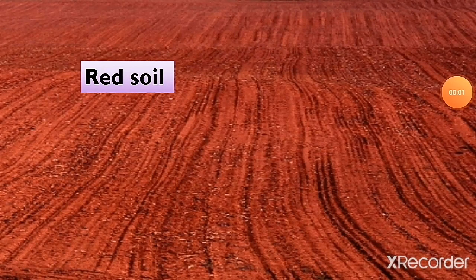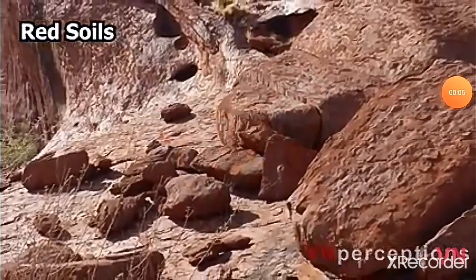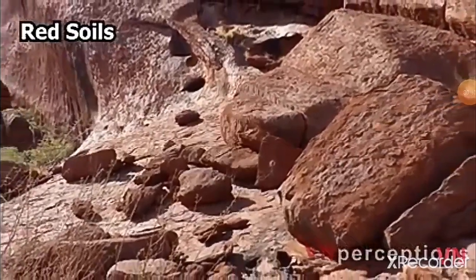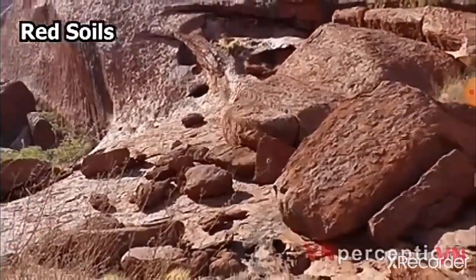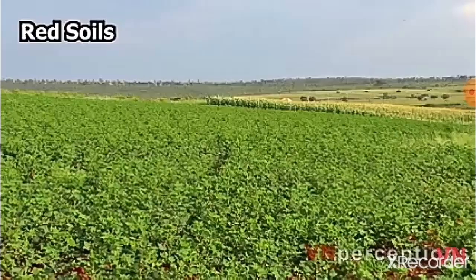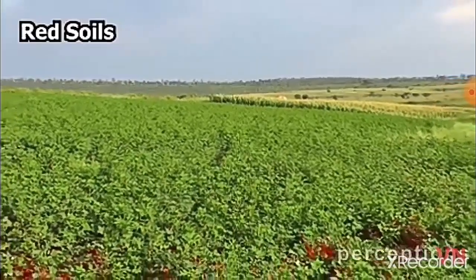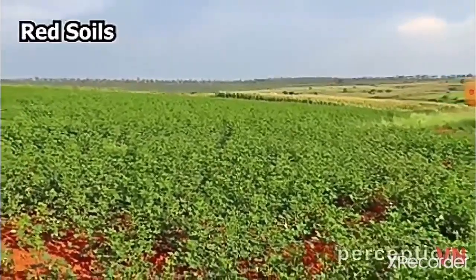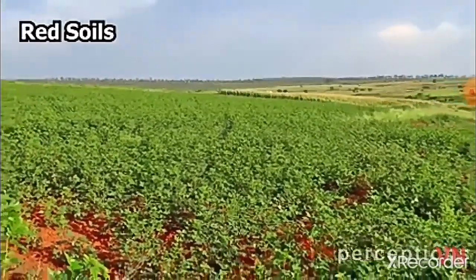The next type of soil is red soil. It is formed from ancient crystalline rock like granite etc. of the peninsular plateau. Under prolonged weathering by rainfall, it is converted into soil. It is red in color because of the presence of iron oxide.